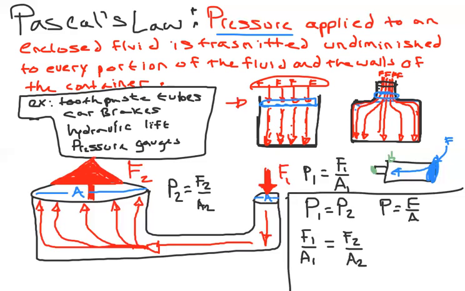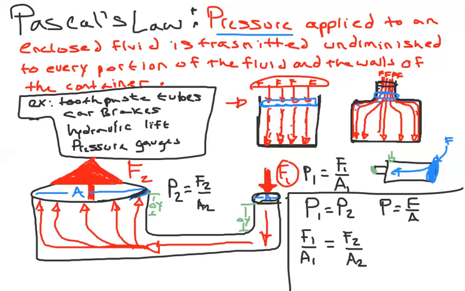If I have this hydraulic system with a larger area versus a smaller area, I can use it to utilize a small force, because I'll apply a small force to a small area. Now, I will have to press pretty far down to get just a very small lift over here.